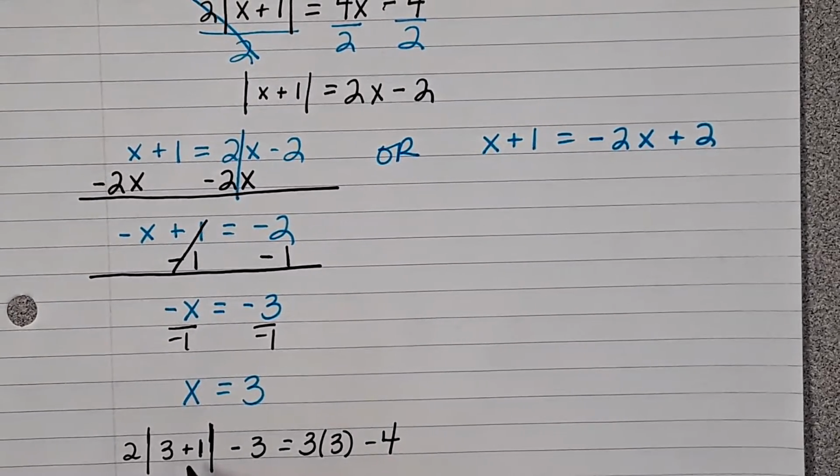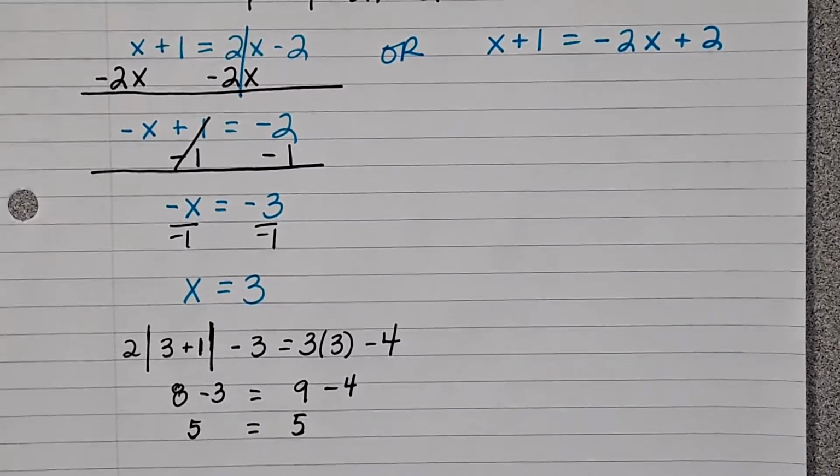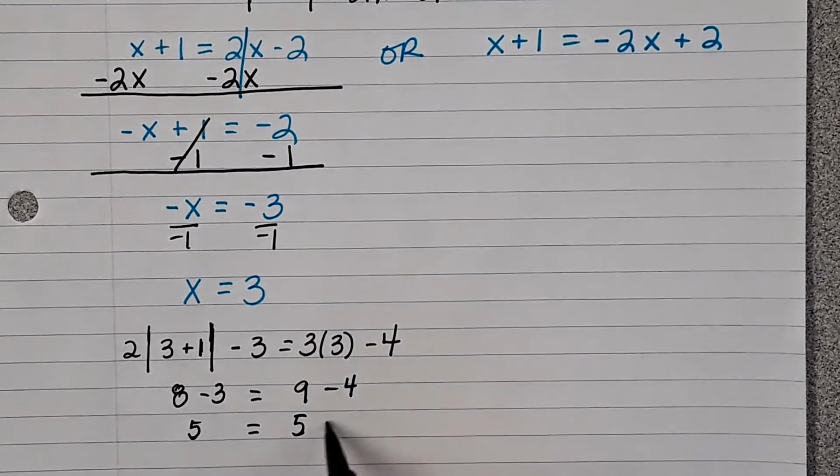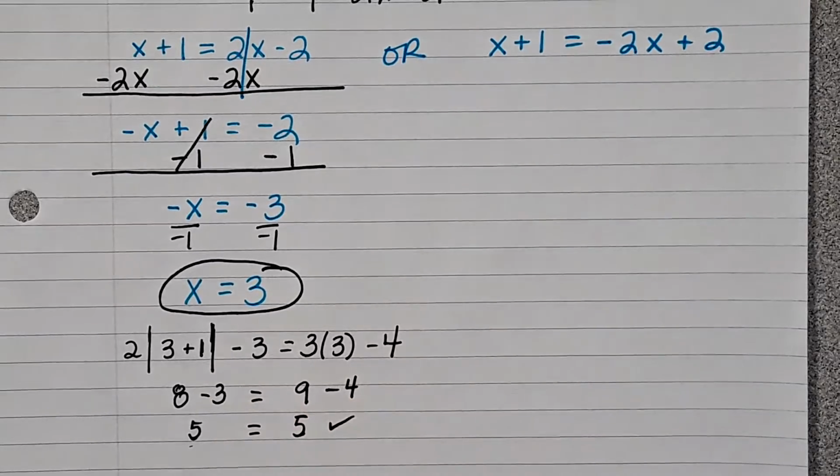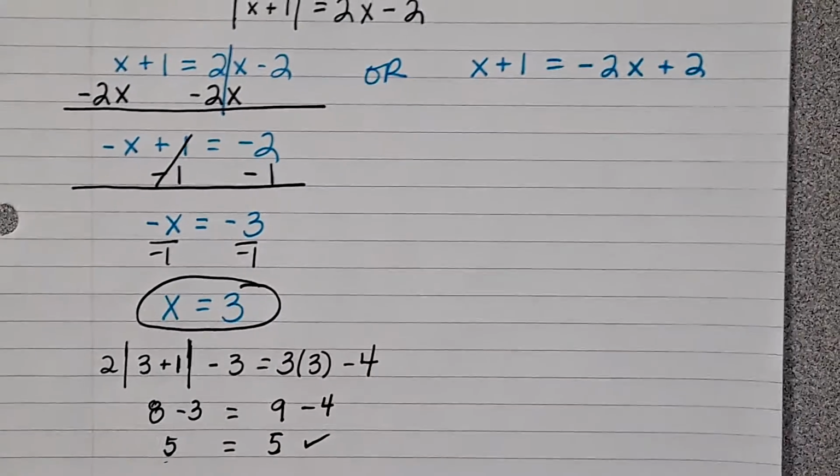The absolute value of 4 is 4. 4 times 2 is 8. 8 minus 3 is 5. 3 times 3 is 9, and then what is 9 minus 4? So is 3 a solution? Because it works, 5 equals 5, so this is a solution. Now we're going to solve the other one and test that, okay?